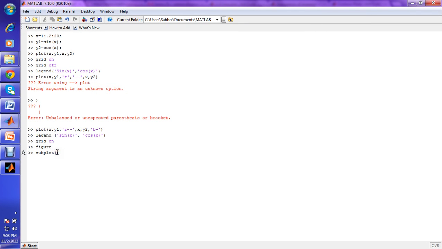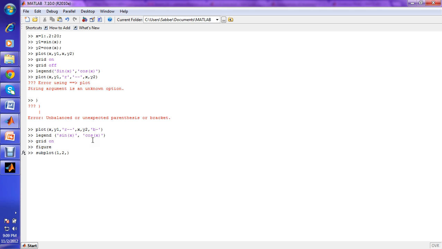We want one row and two columns, and two functions represented by two plots in one figure, right? So one row, two columns, two figures.